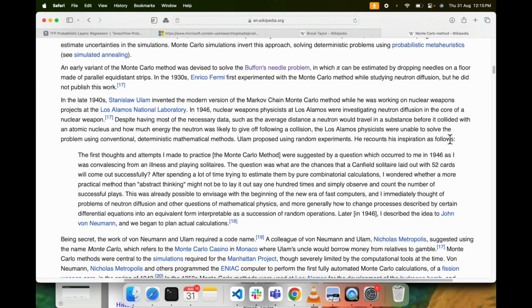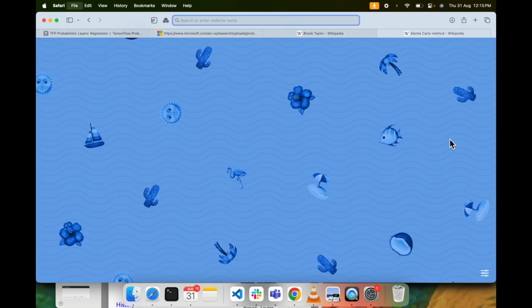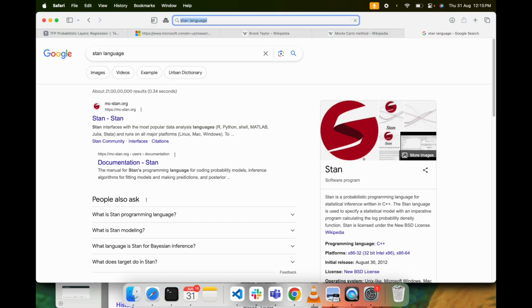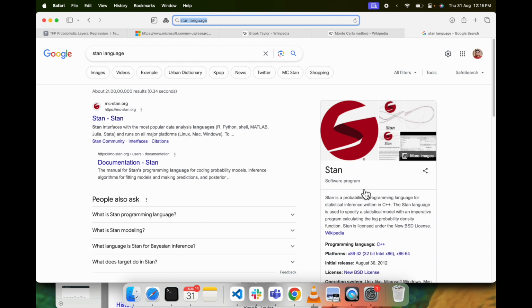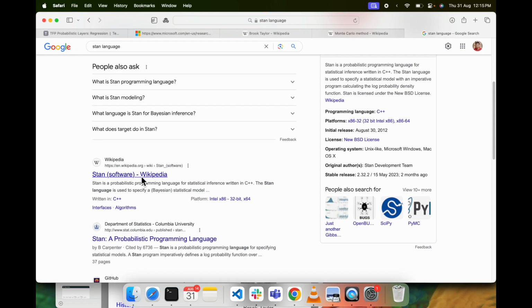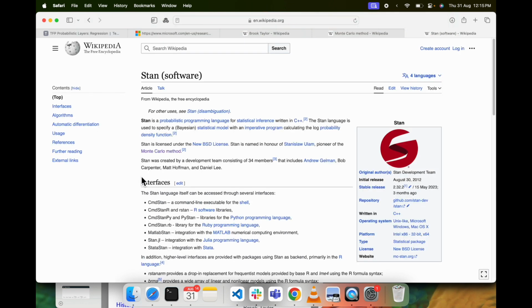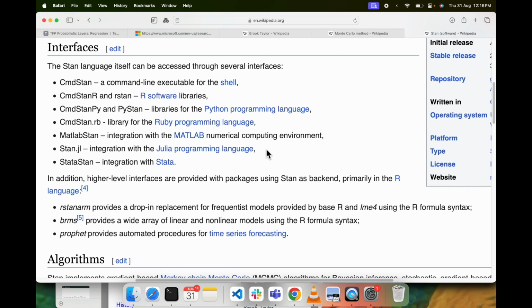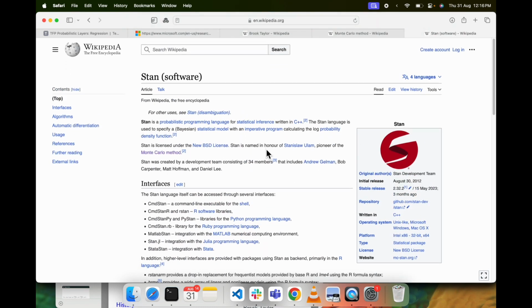I believe this is the same person after whom the language Stan is named. It's a probabilistic programming language. I believe it is named after him, but I'm not fully sure. Right, Stan is named in honor of Stanislaw Ulam. It's one of the most popular packages for probabilistic programming that you'll see. It also allows you to very cleanly specify different programs.